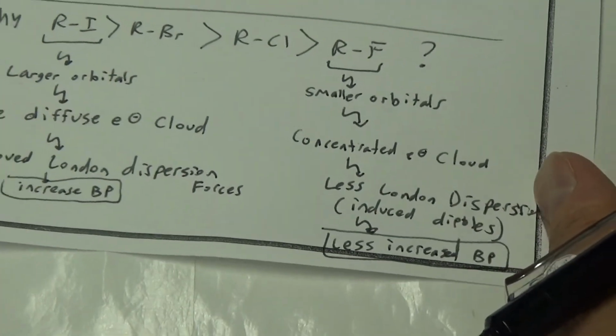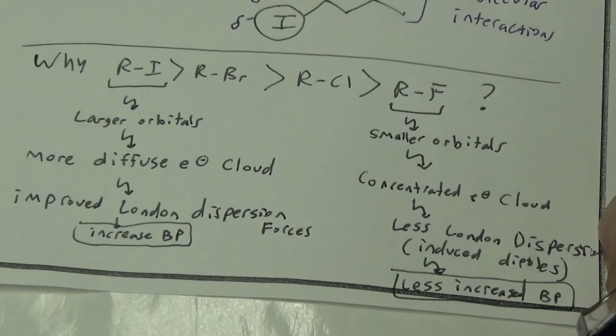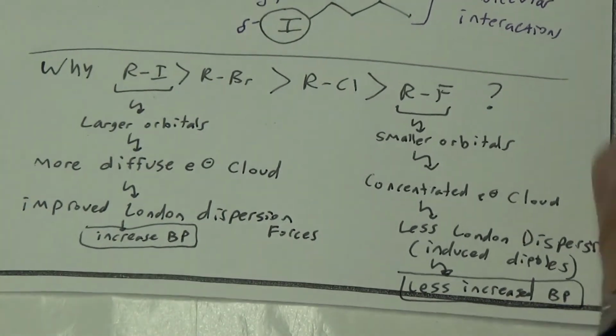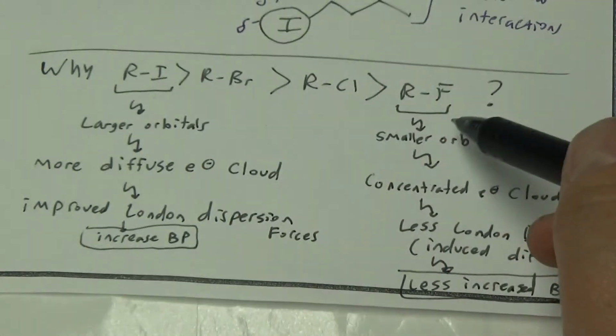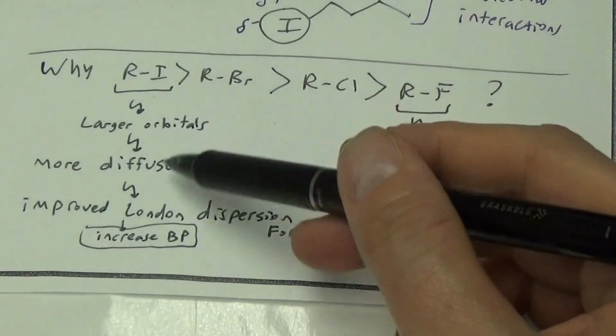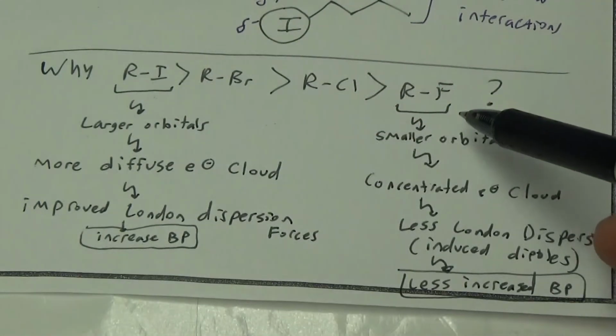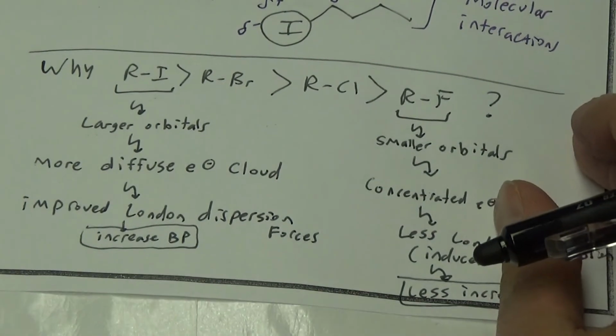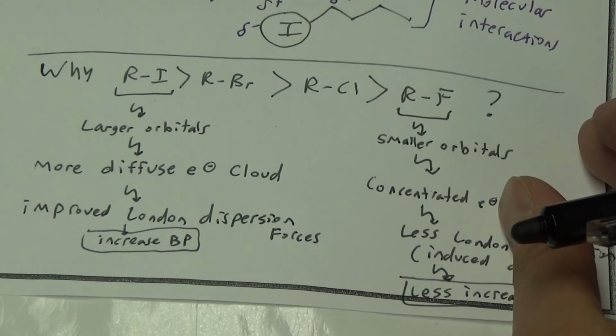Okay, so let me show this a little more graphically now, considering iodides versus fluorides, which we know the iodides have a much greater boiling point, and the fluorides do not have as great of a boiling point. All right.